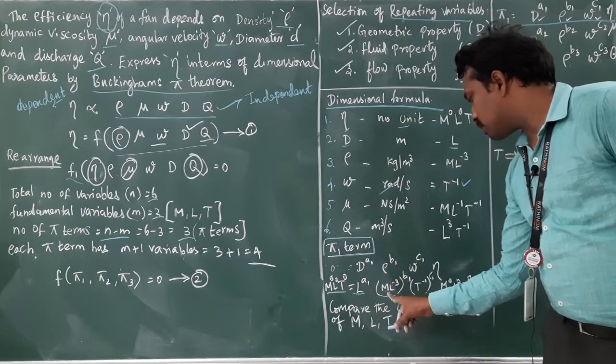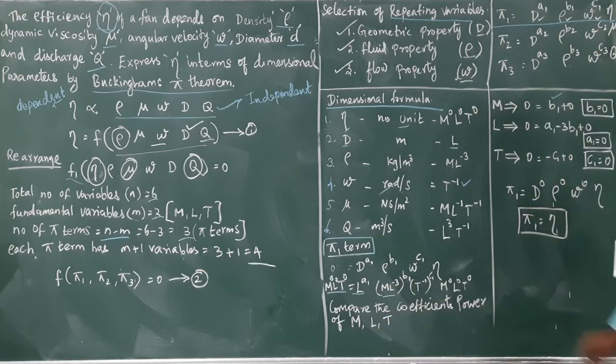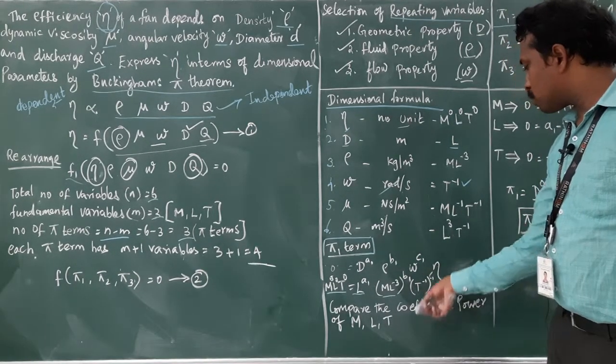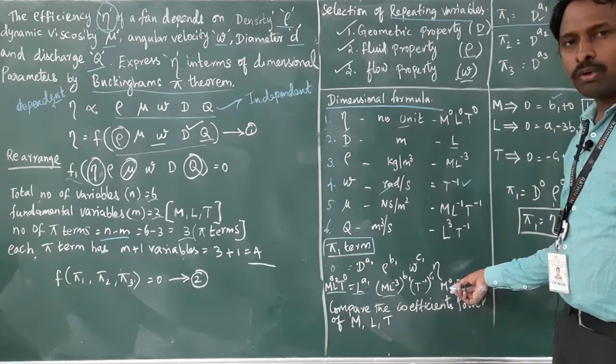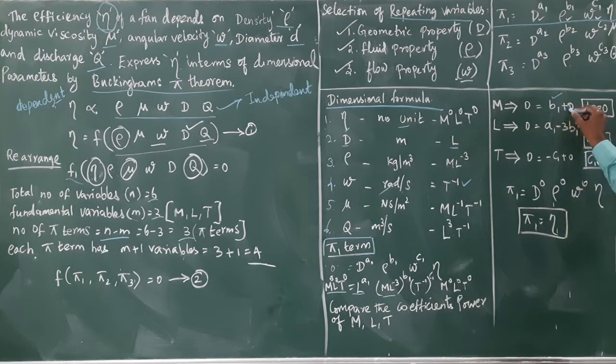Here M power is 1 whole to the power of b1. So I am writing b1. Next term, here there is no M power, so I can cancel. Here there is no M power, so this also gets cancelled. So, b1 plus 0 equal to 0, then b1 is 0.